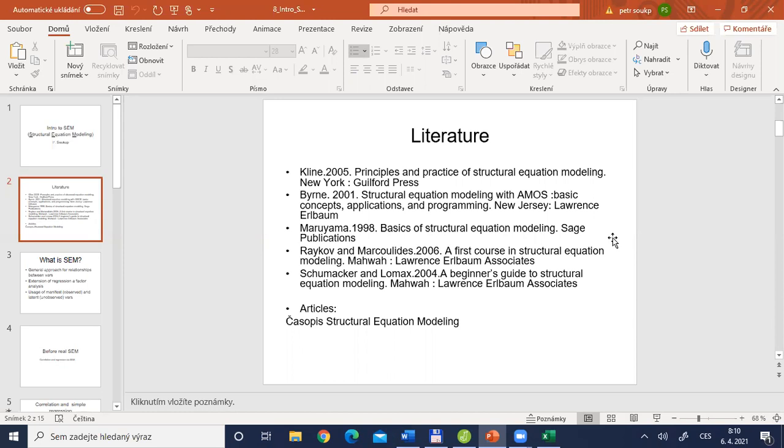Quite an interesting option is one of the books from the series by Barbara Byrne. Here we have the title Structural Equation Modeling with Amos, but there exist at least 3 more books with nearly the same title, only changing the program Amos to different software packages: EQS, LISREL, and Mplus. So there are 4 books, 4 different software platforms.